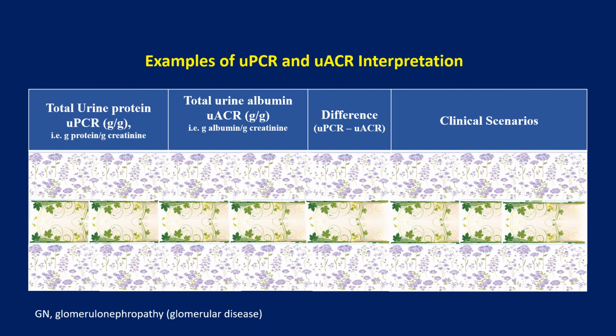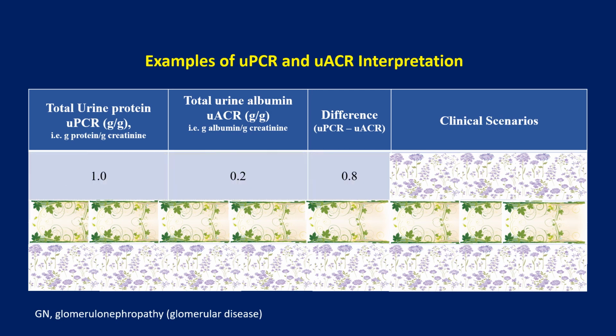Let's try to interpret a few UPCR and UACR combinations. First patient has a UPCR of 1 and ACR of 0.2. PCR is not very high. ACR is also very minimal. Minimal ACR suggests that there is no significant glomerular injury.